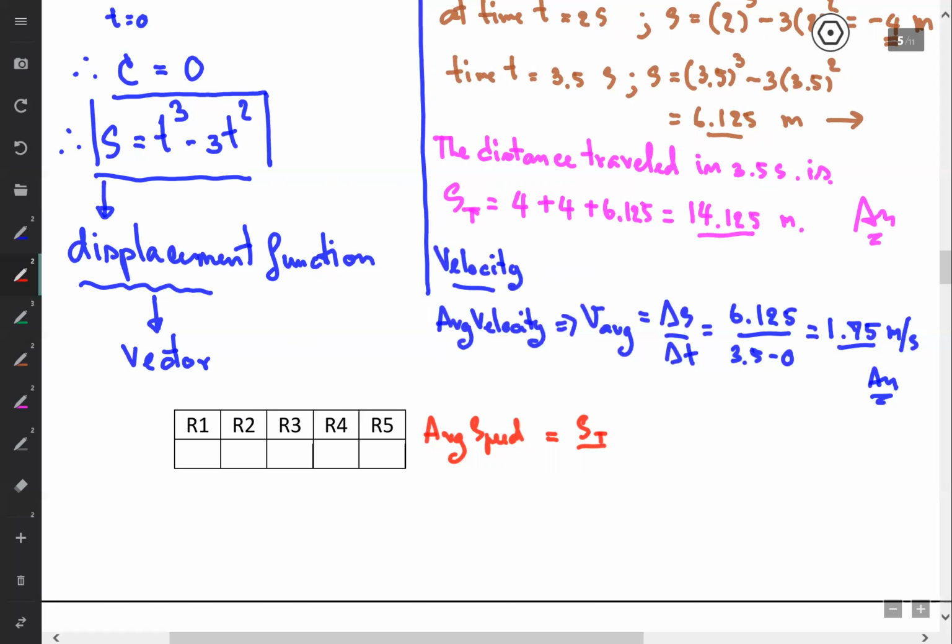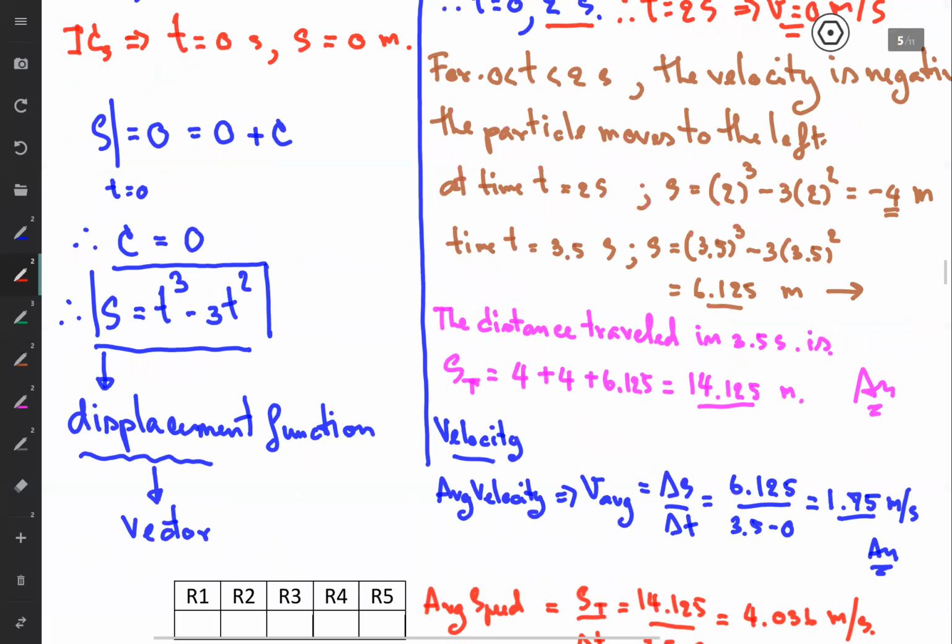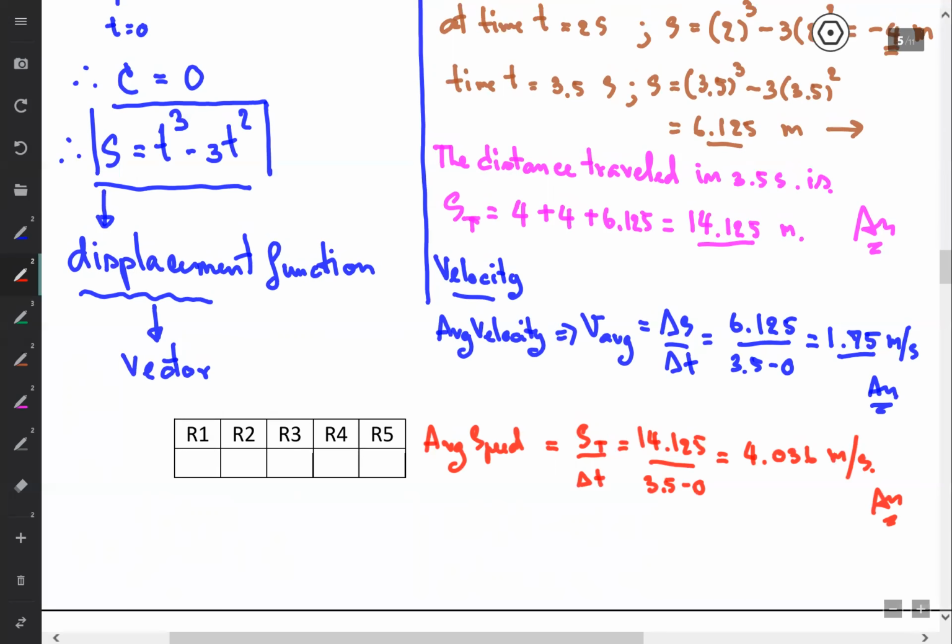That is, we have to use S_T, the distance, divided by delta t, which is 14.125 divided by 3.5 minus 0, right? So it becomes 4.036 meters per second. That is the answer. Okay, so that's all for this problem.